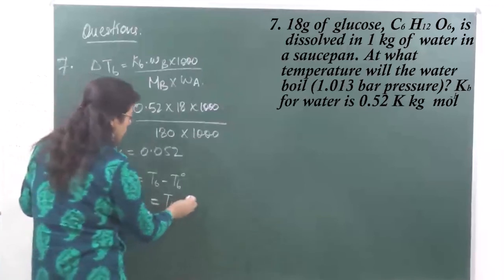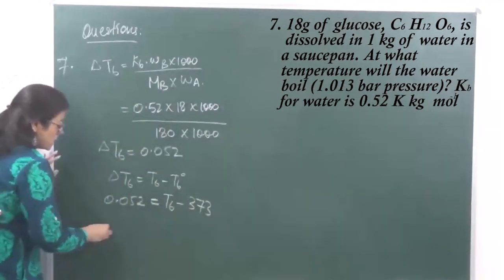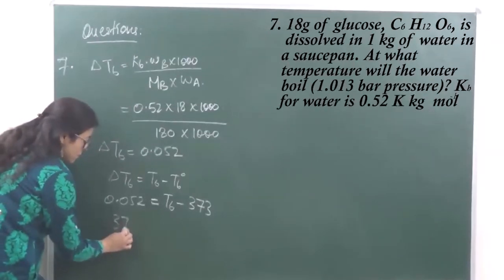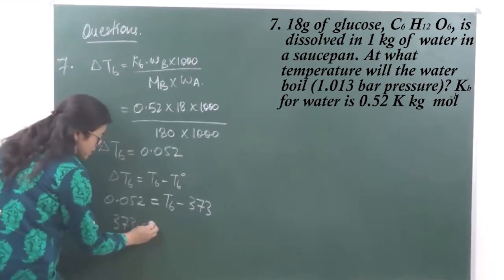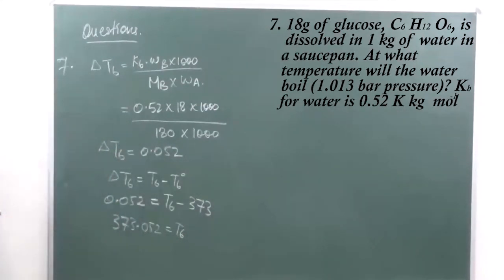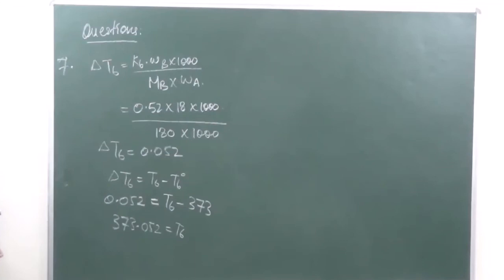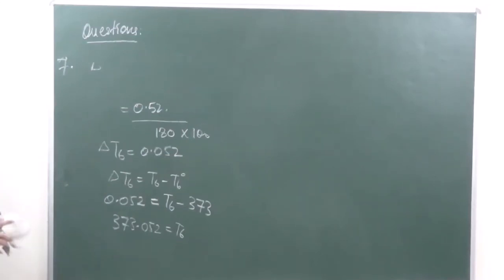Boiling point of water is going to be 373. So TB becomes equal to 373.052. That is going to be the boiling point of the solution. Okay? Alright. So let's go on to the next question.